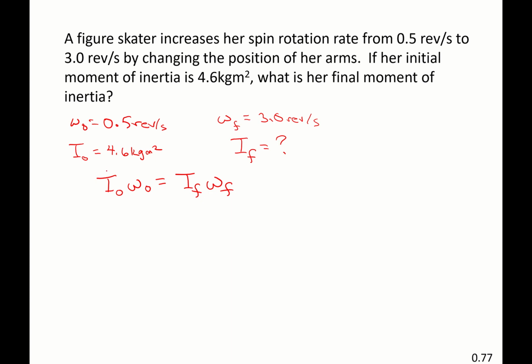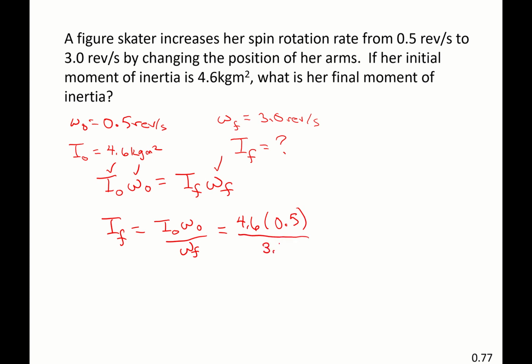So I have everything on the left side. I have omega final. I want to find I final. So it's just very simple algebra. I final is I0 omega 0 over omega final. Okay, so I0 is 4.6. Omega 0 is 0.5.